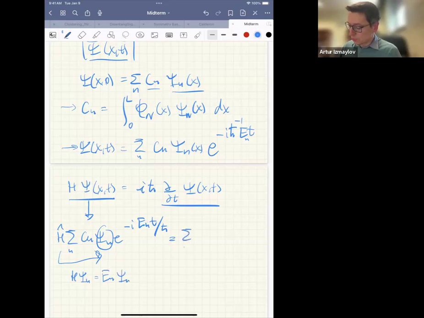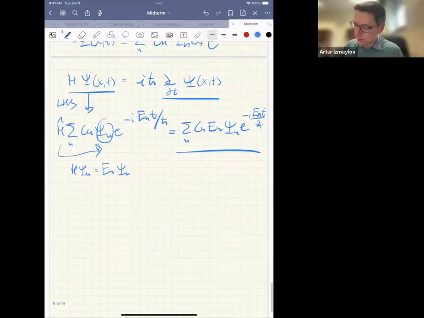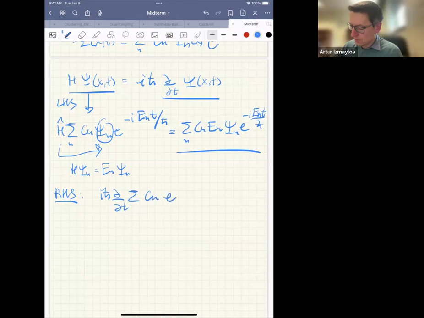So the left-hand side will be En with coefficients, then psi n, of course, and then there is this exponent En t divided by h bar. That's our left-hand side, and for the right-hand side, we need to differentiate i h bar d over dt of the same sum with psi n.